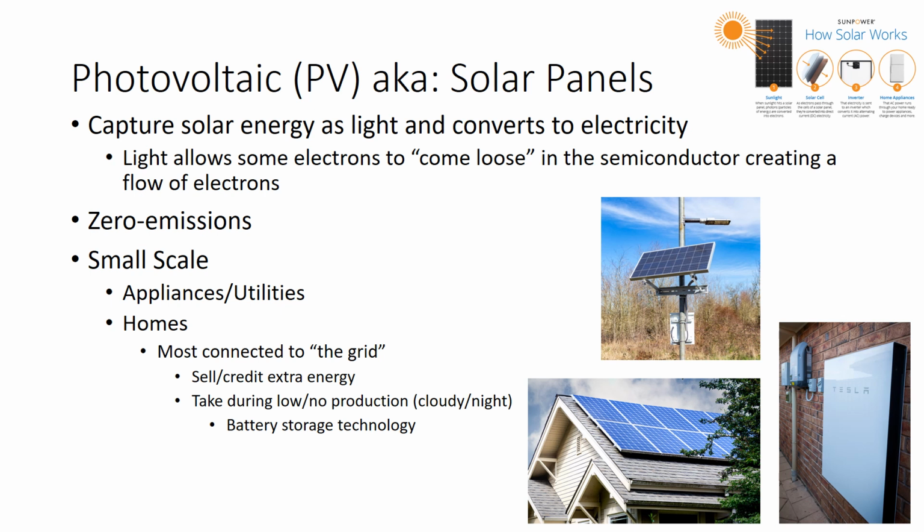On the small scale, they have a small battery that can store it, but it's very, very small. And so the cost is low and it's very short term. It can take you overnight, but it needs to be recharged every single day when it's sunny out.